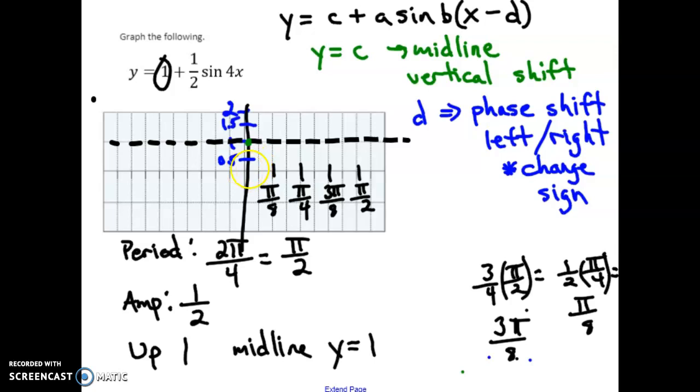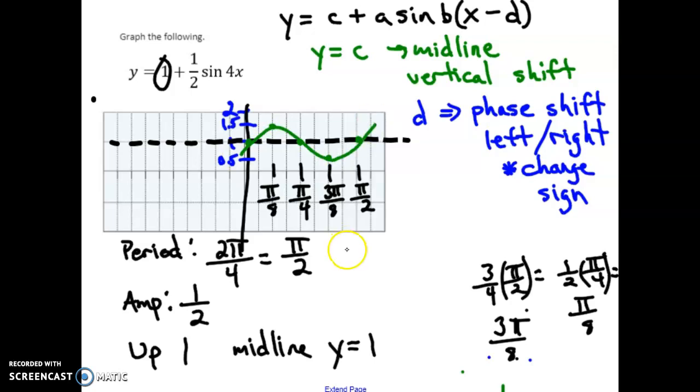It's not actually the origin of the x and y axis, but it's been shifted up 1. So now I'm at 1 for where I'm starting my graph, and then I go up to the maximum point, and then down to the midline again, and then down to the minimum point, and then back up to the midline. And we can sketch in our curve from there.